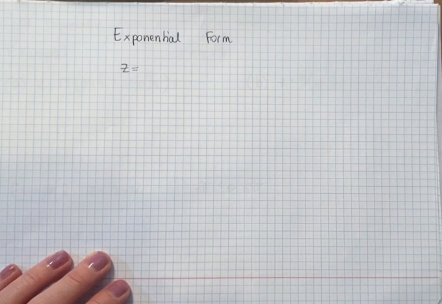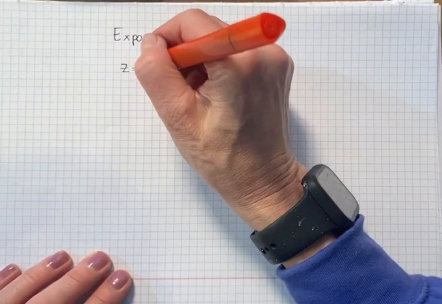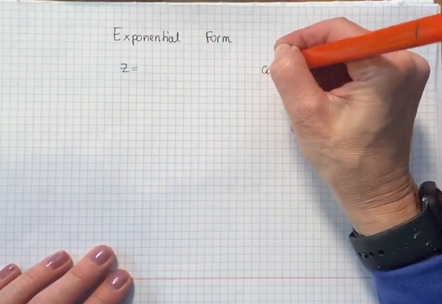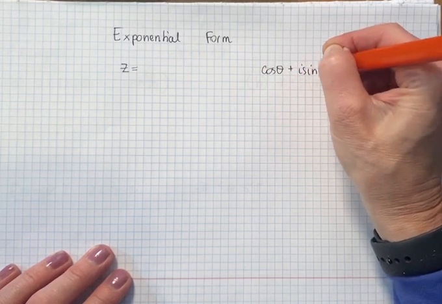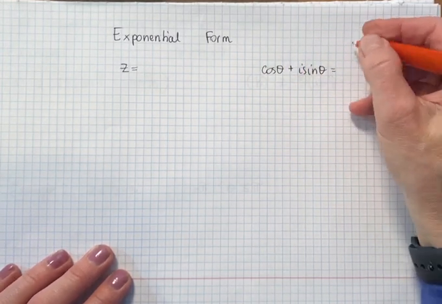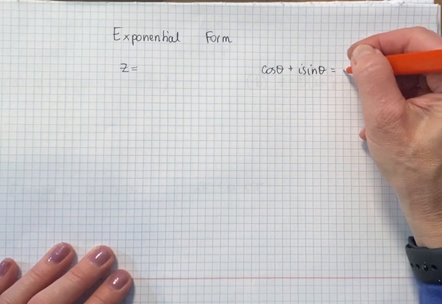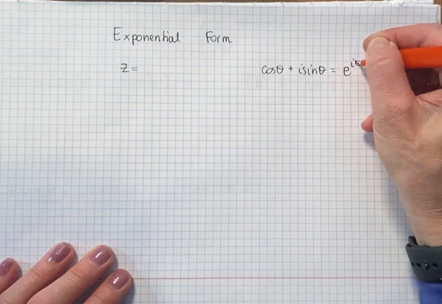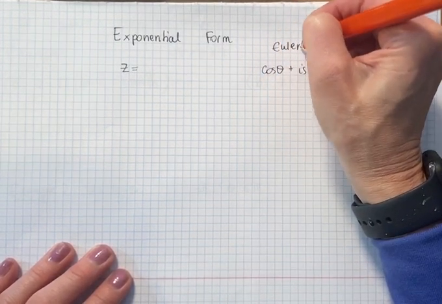So instead of writing r(cos theta plus i sin theta), you can just replace the cos theta plus i sin theta with what's called Euler's relation. There you go. Okay, so this is Euler's relation.